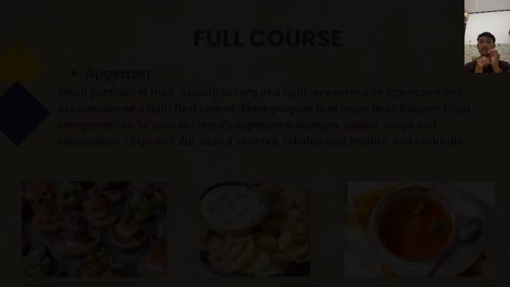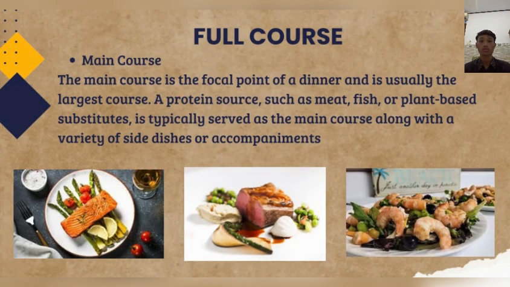And then the next is the main course. The main course is the focal point of dinner and is usually the largest course. A protein source such as meat, fish, or plant-based substitutes is typically served as the main course along with a variety of side dishes or accompaniments.